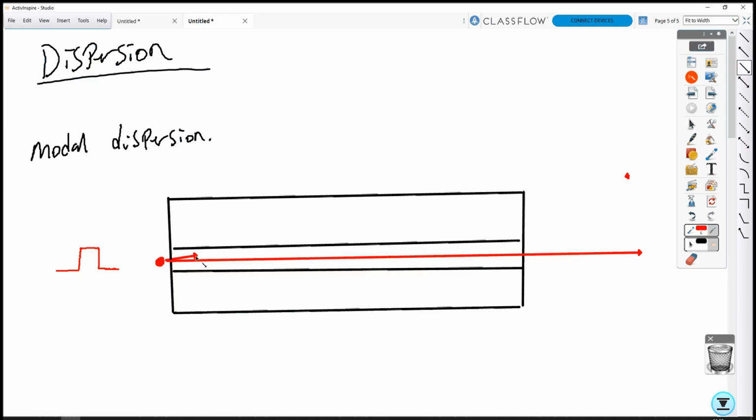We get some light going at some angle. And here, if you measure these lengths that are being drawn, you'll see that they've got different lengths: the first line I've drawn and the path taken by the second one. And then I'll draw a third one as well.